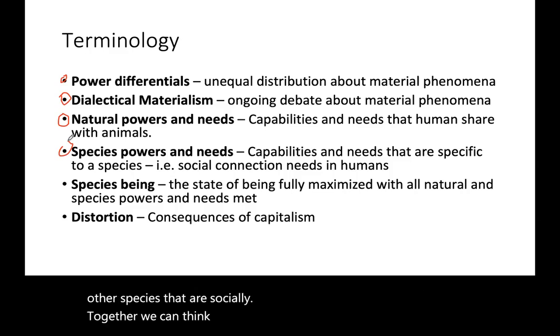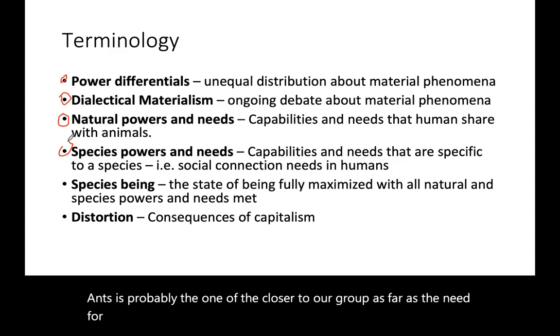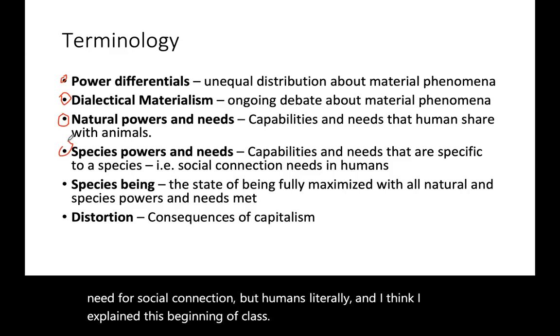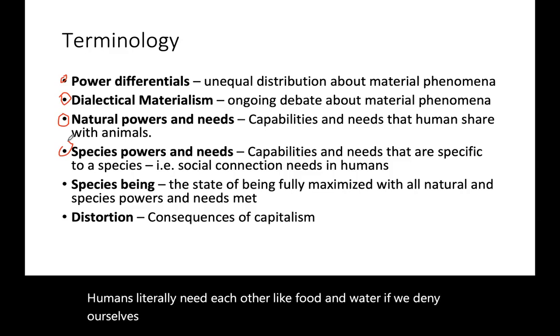We can think of ants as probably one of the closer to our group as far as the need for social connection. But humans literally, and I think I explained this at the beginning of class, need each other like food and water. If we deny ourselves social connection, our body will actually physically start to deteriorate.